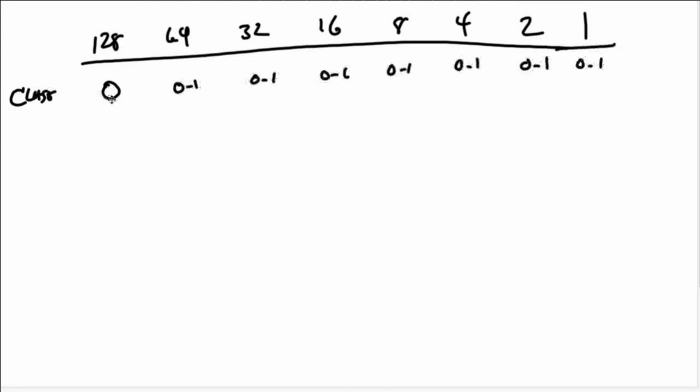So at the lowest value, it could be 0. At the highest value, if I set all of these to 1, that means it would be 64 plus 32 plus 16 plus 8 plus 4 plus 2 plus 1, which would add up to 127.